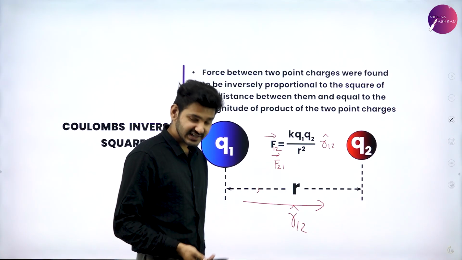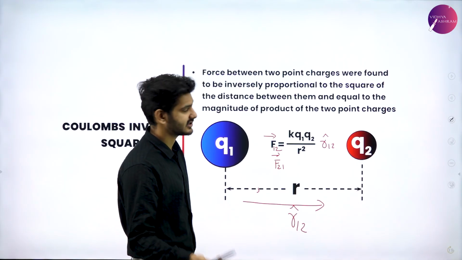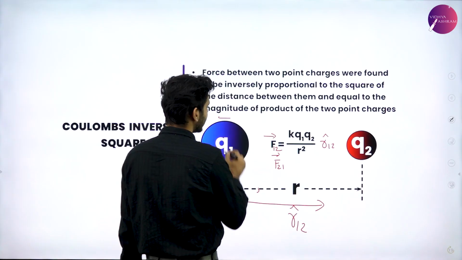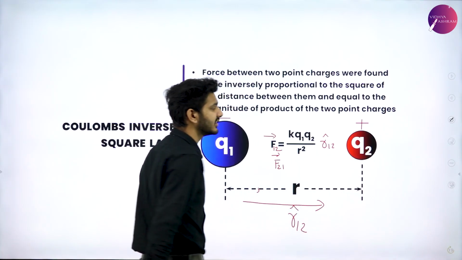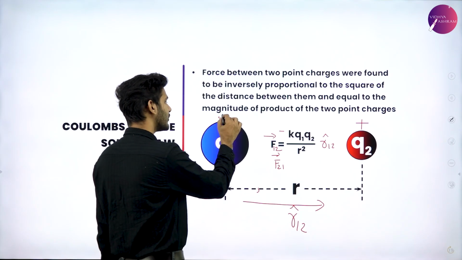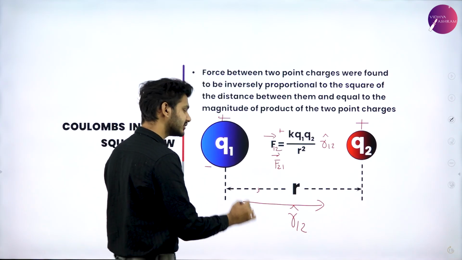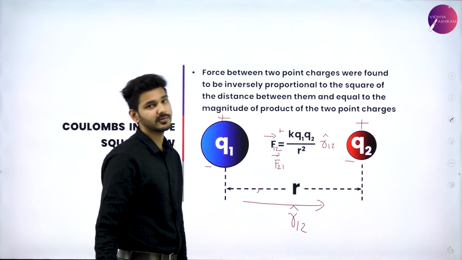So what Coulomb basically said was that there is a force of attraction if they are unlike charges, that is, if one is negative and one is positive, then a negative sign will be introduced here. If both are positive, then the equation will be positive. If both are negative, then also the equation will be positive.